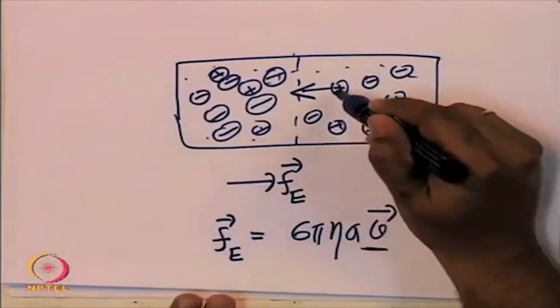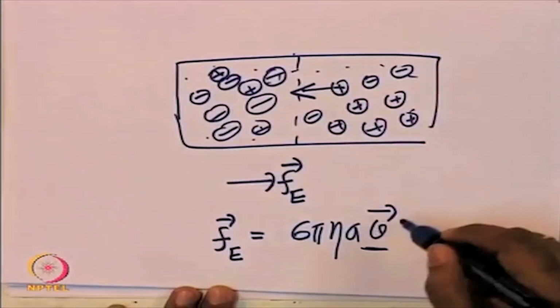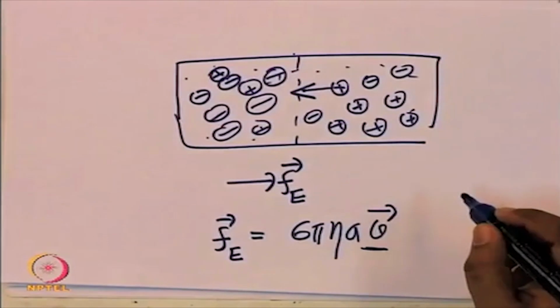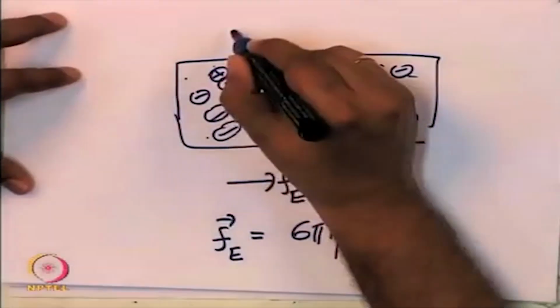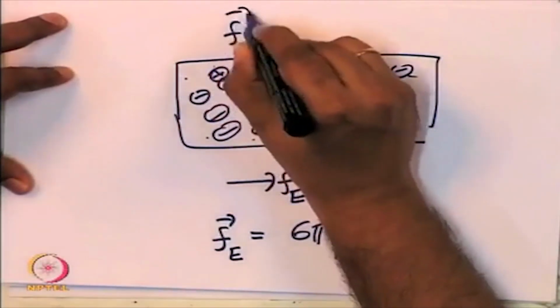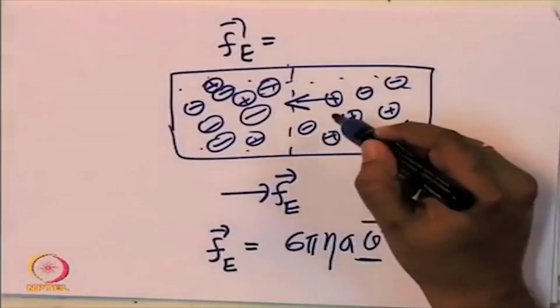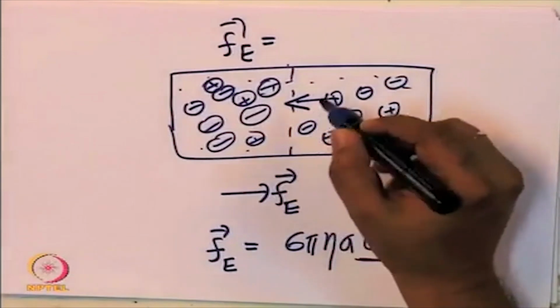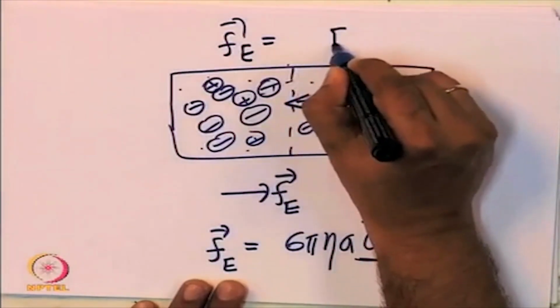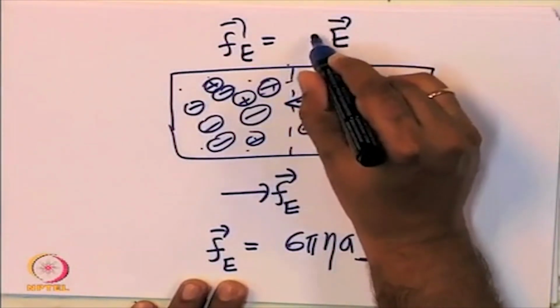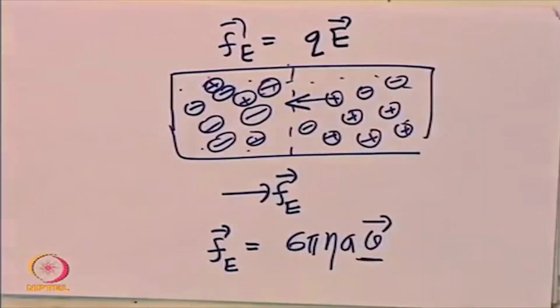So, we know that there is an electrostatic force. Now, how much is this electrostatic force? There will be an electric field. If you have an electric field E, the force is charge times electric field.